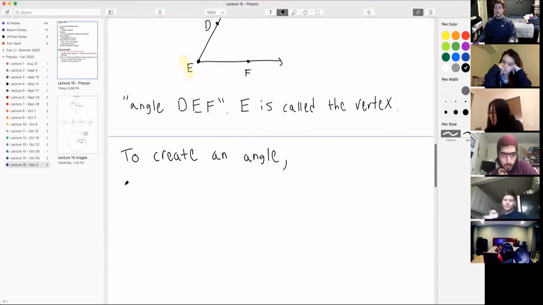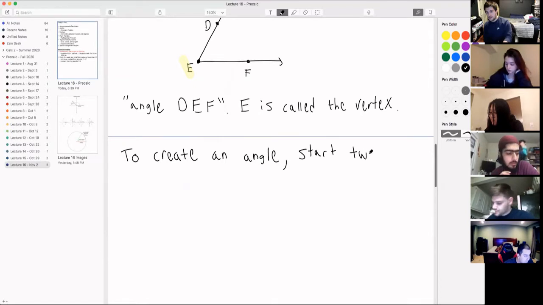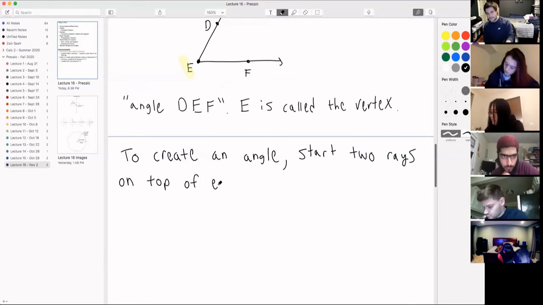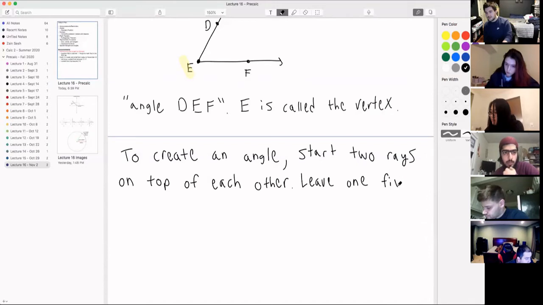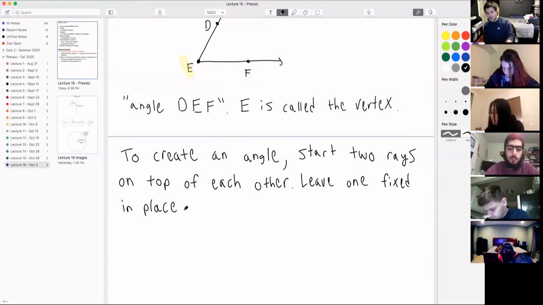Okay, so how do we create an angle? To create an angle, you start with two rays on top of each other. You leave one fixed in place and rotate the other.